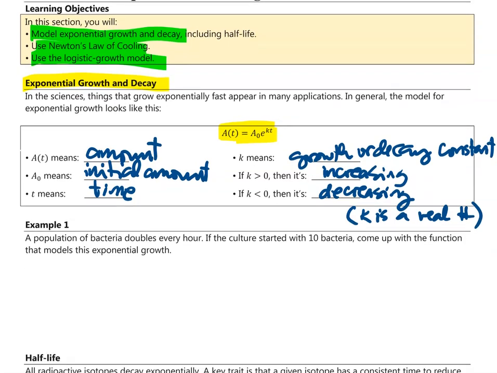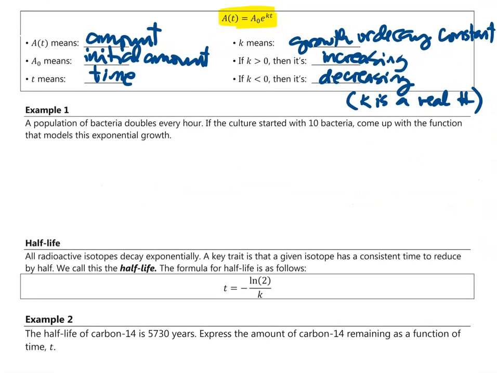Okay, example 1. A population of bacteria doubles every hour. If the culture started with 10 bacteria, come up with the function that models this exponential growth.